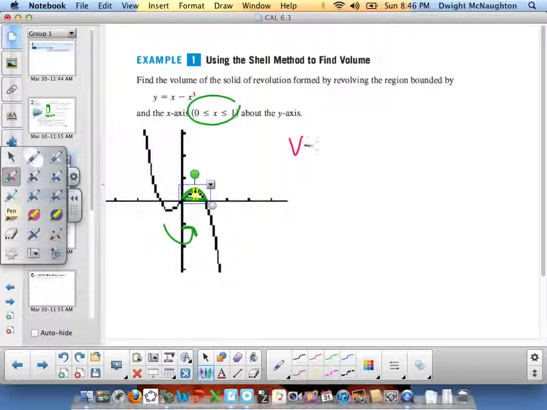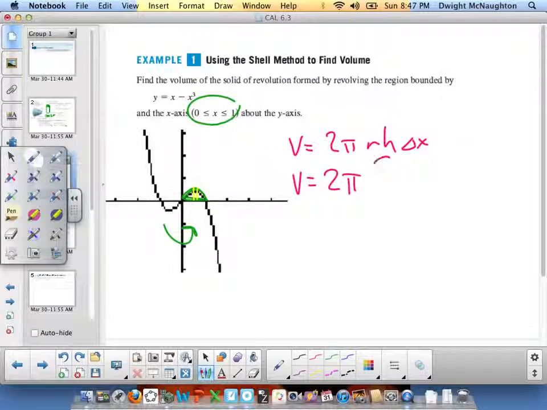So our volume of a shell, or a cylinder, is 2 pi r h times the width of our x's. It doesn't become dx until after we integrate it. So 2 pi, and our limits go from 0 to 1.